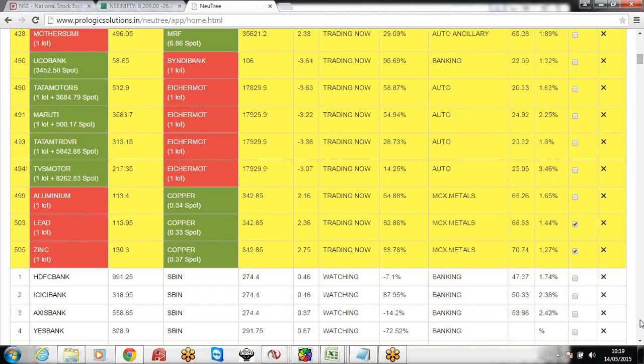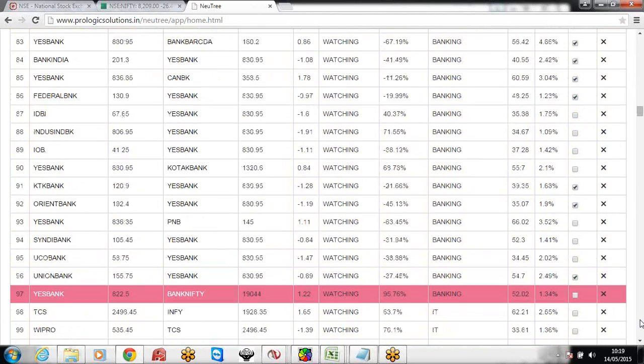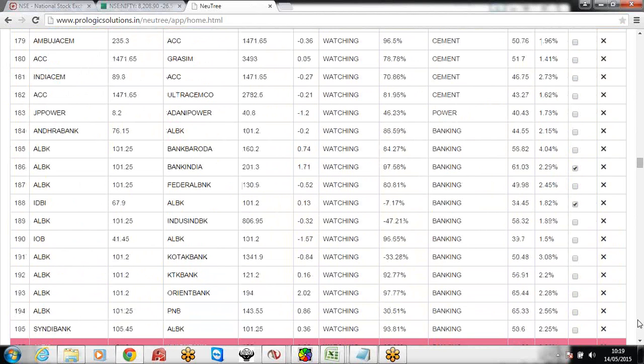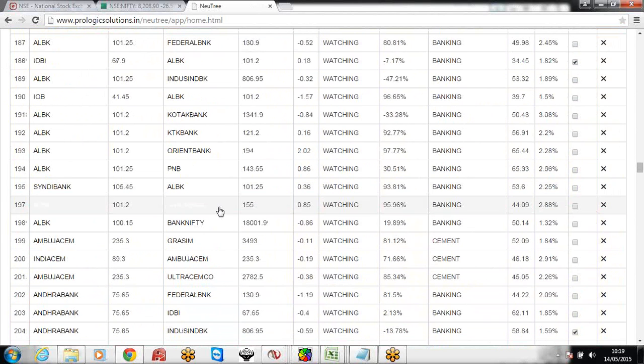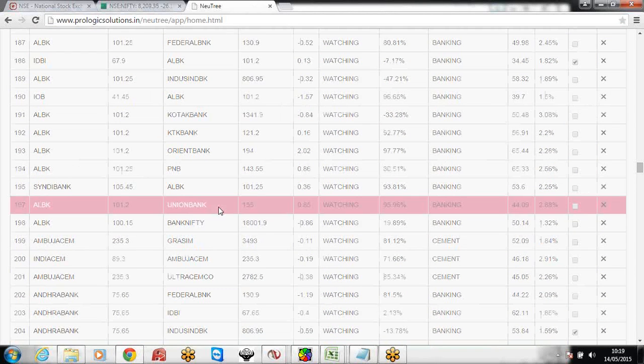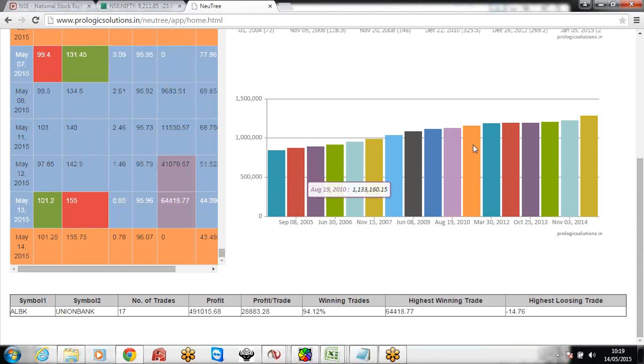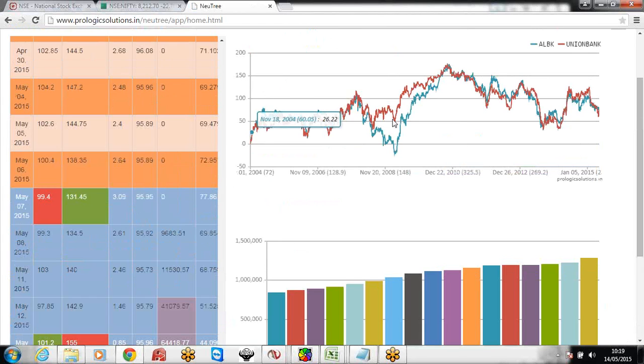So this is a paid trading application that we have. I'm just going to show you one particular trade which has given you good profits. This is 10 years history of the ALBK and Union Bank pair.